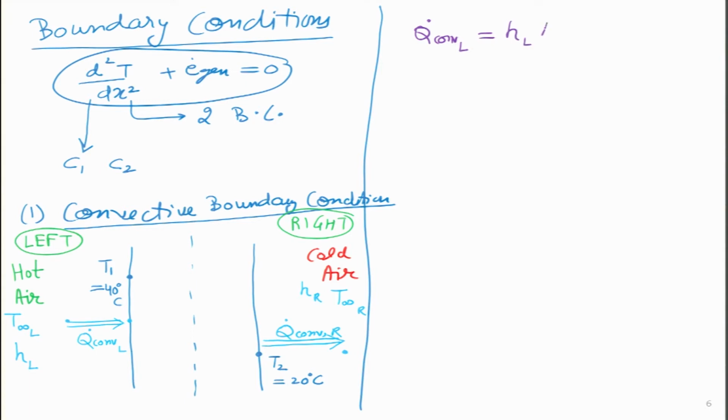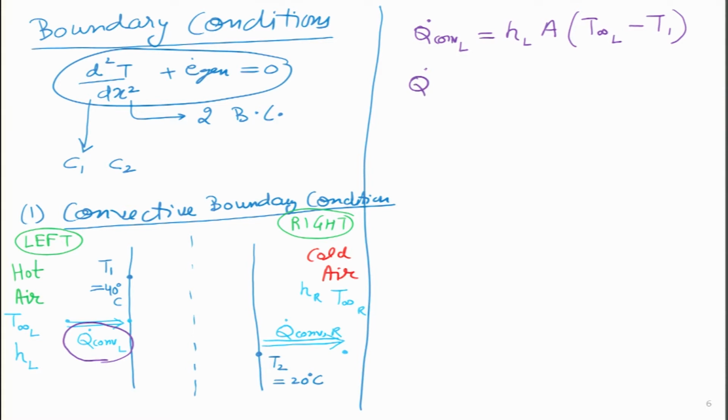A is the cross sectional area, and delta T is, because T infinity L is at a higher temperature, T infinity L subtracted from T1. So, this is my convective heat transfer, Q dot convection L, on the left side.